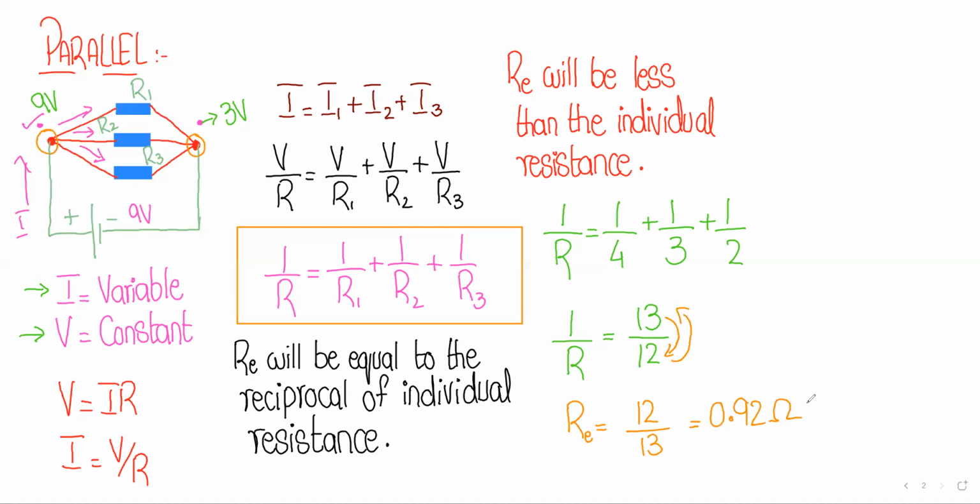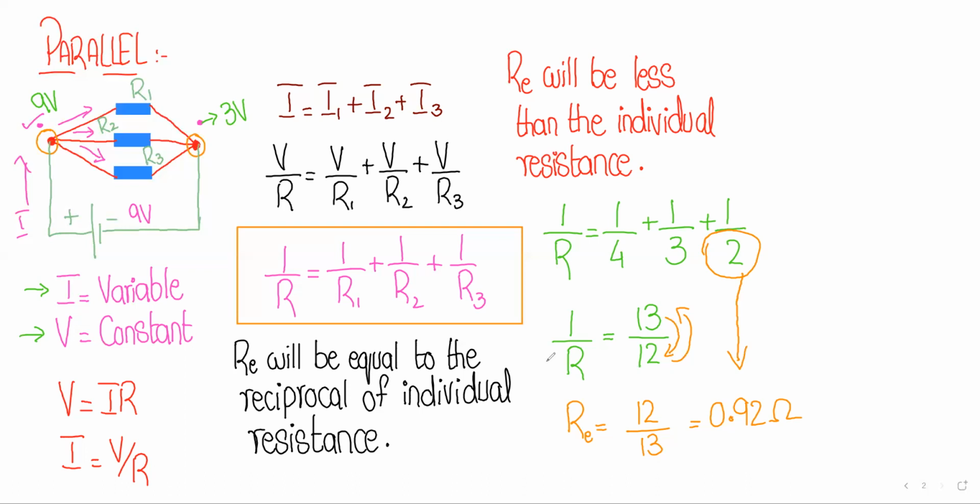You said that the resistance will be less than the individual resistance. But how small is it? You can see in the question that the smallest resistance is 2 ohms, and the answer is not equivalent to 13 over 12. 13 over 12 is actually a reciprocal value.